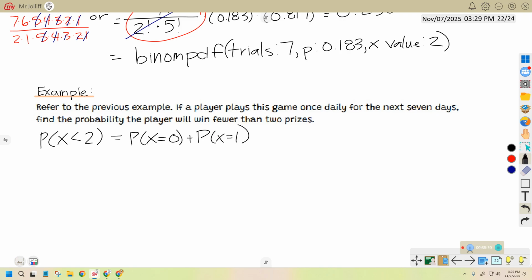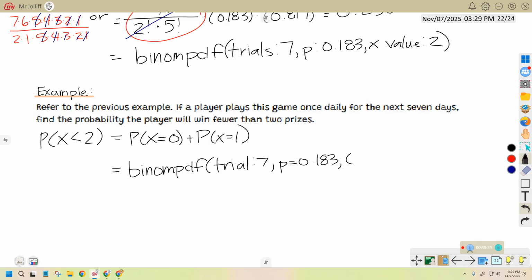On my calculator, I am going to pull up the binomial for 0. Second vars, binompdf. I'm going to enter my data. It should remember, meaning you should still have 7 and 0.183 in the calculator.